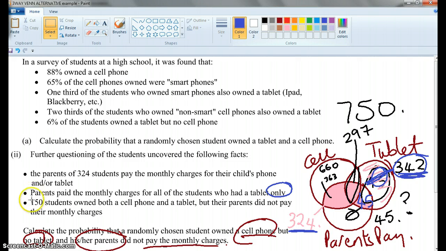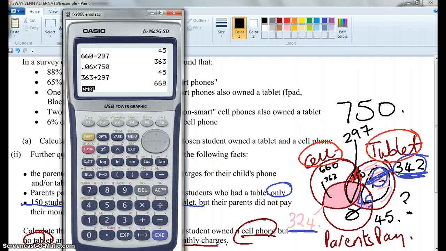Okay, here we have 150 students owned a cell phone and a tablet. So that's a cell phone and a tablet, but their parents did not pay their monthly charges. So that's that bit in there. If that's 150, somehow I can write 150 in there, then I've got to take my 297 less my 150, I get 147.